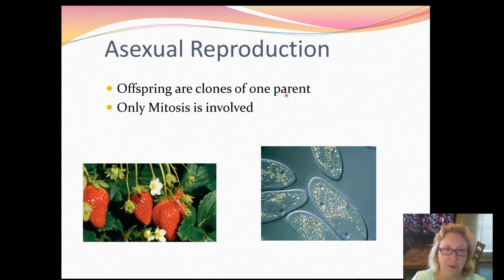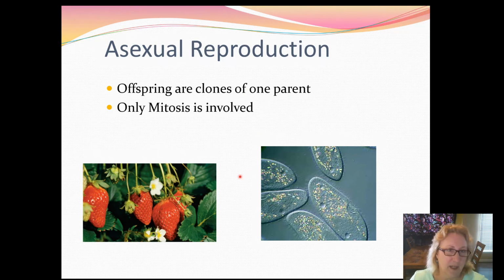In mitosis, the daughter cells are identical. The number of chromosomes doesn't change. Every round of division, you get two daughter cells that are identical to each other and identical to the original mother cell that divided. So in asexual reproduction, all the offspring are going to be identical genetic clones of the one parent.